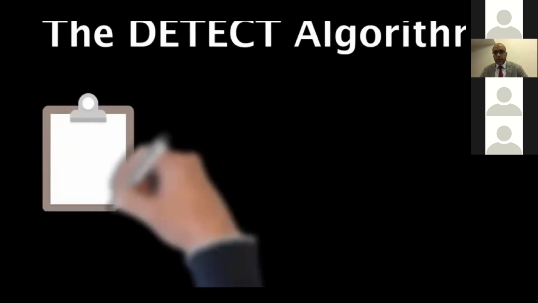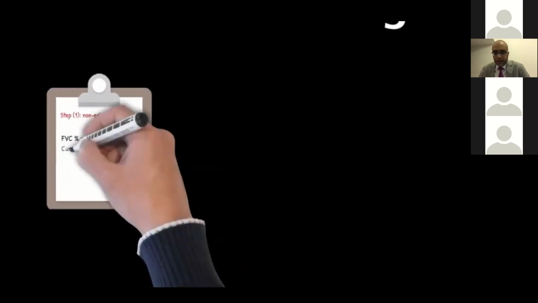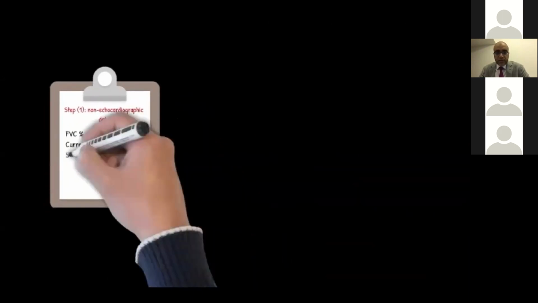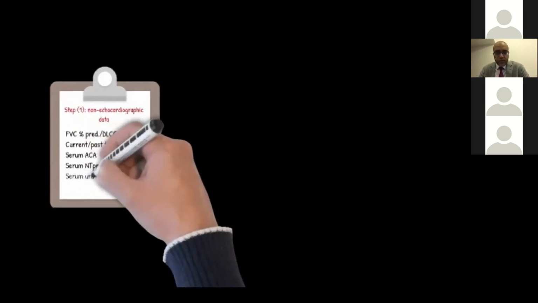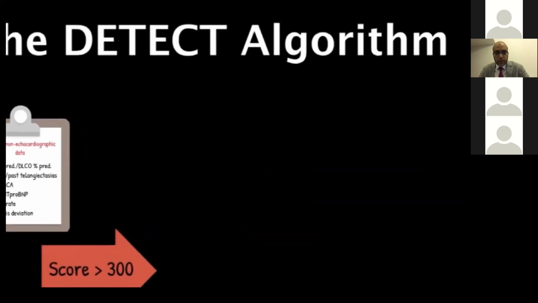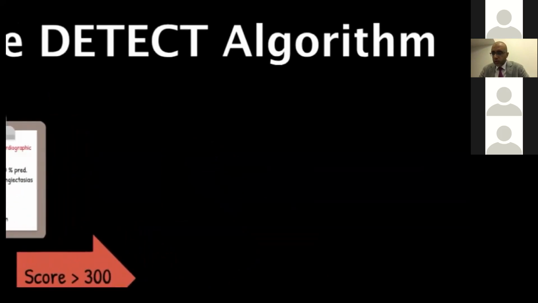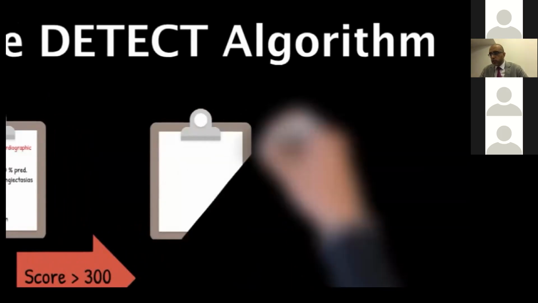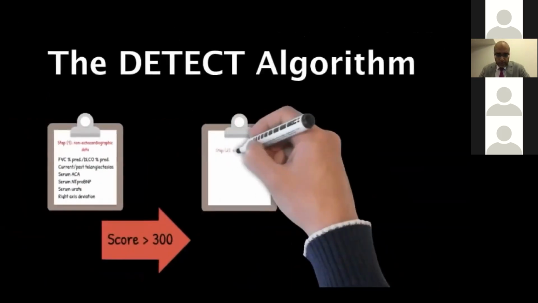The algorithm is composed of 2 steps, ending with right-sided heart cath. The first step is non-echocardiographic data: forced vital capacity, DLCO, current or past telangiectasias, anticentromere antibody, NT-proBNP, serum urate, and right axis deviation on the ECG.